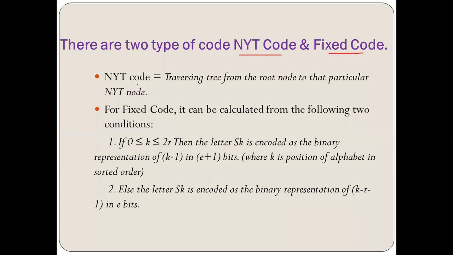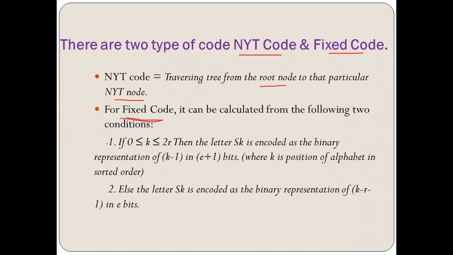Next one is the NYT code. If we have the NYT code, the traversal of the tree will be from the root node to that particular NYT node. There can be a condition that we have a fixed code. For the fixed code, there are two conditions.